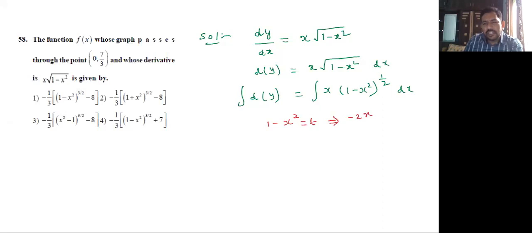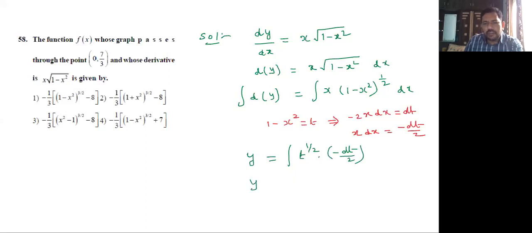Minus 2x dx is equal to dt. x dx means how much? Minus dt by 2. Substitute those values. Here the derivative and integration are cancelled. We get y is equal to integration t power 1 by 2 into minus dt by 2.